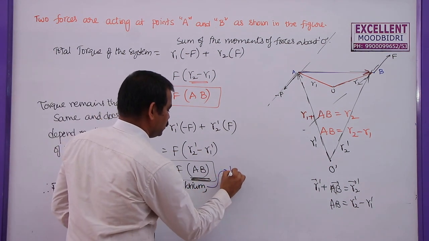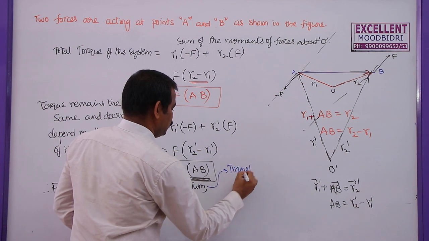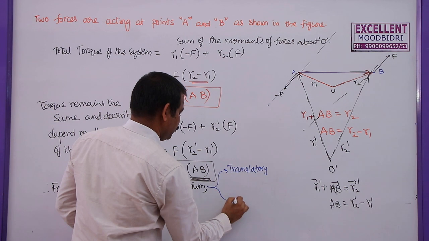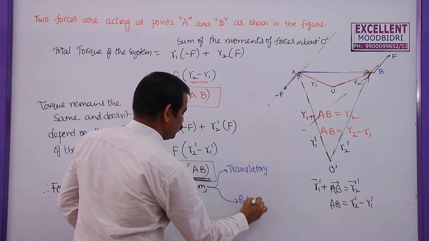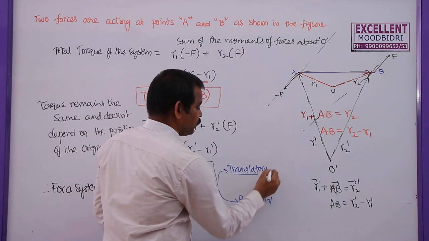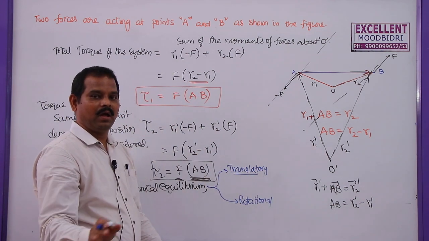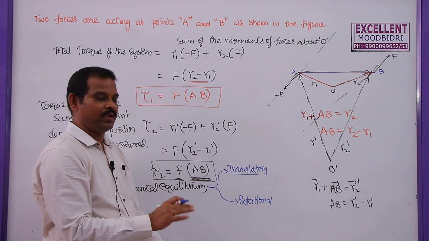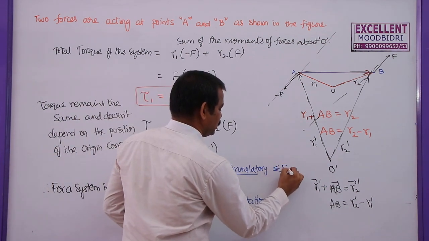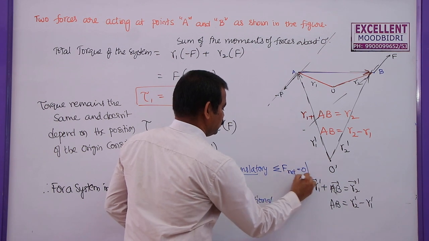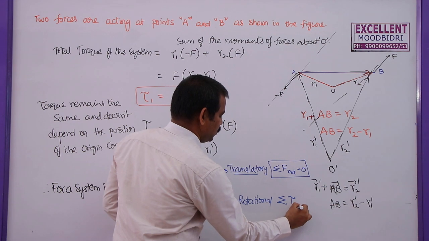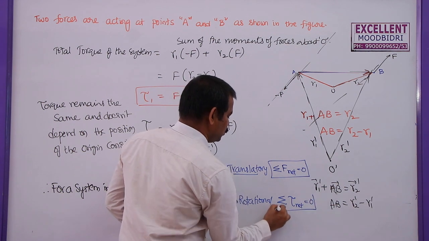So, this is translatory equilibrium and it should be in rotational equilibrium. So, what is this translatory equilibrium? The vector sum of all the forces acting on the body should be equal to 0. Here, the vector sum of all the torques must be equal to 0.